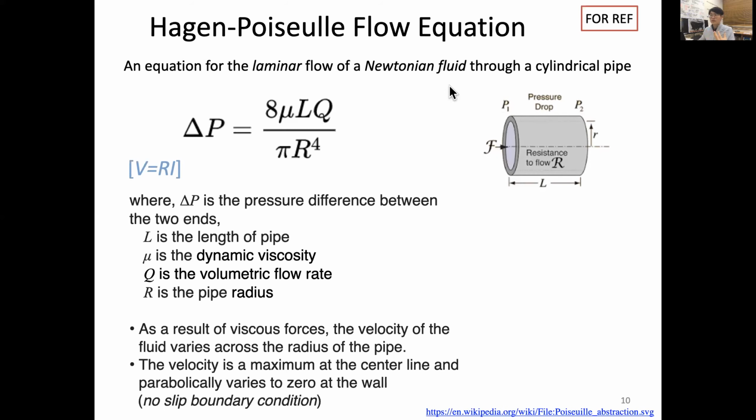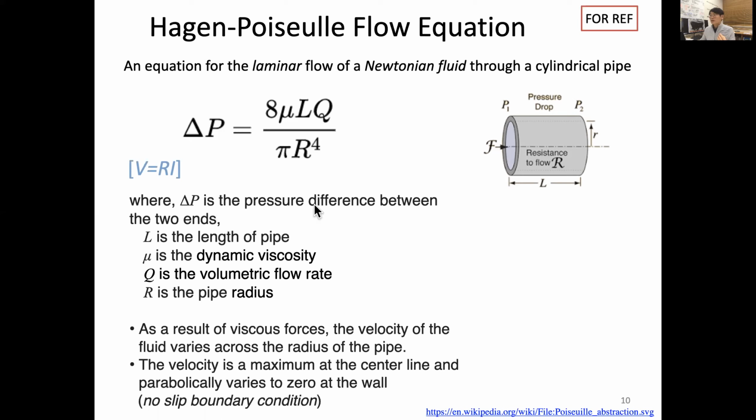With this assumption, as I showed you previously, the pressure drop throughout this flow will be like this: delta P, where Q is the flow rate, and from this analogy with Ohm's law, the other factor becomes a resistance.